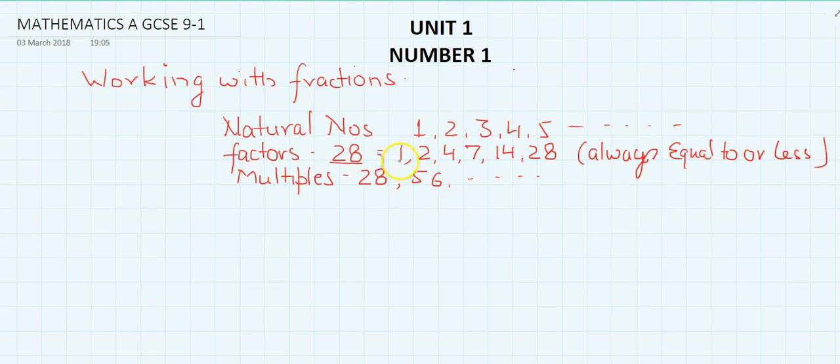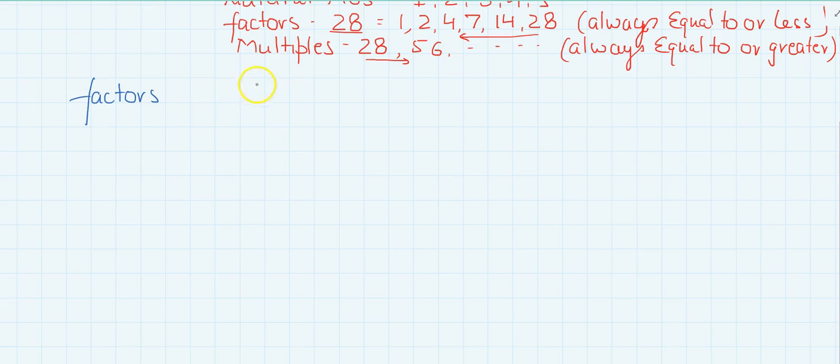So all the factors here are either equal or less than the number, and a multiple is always equal to or greater. So always remember this thing, multiples are always greater and factors are always equal to or less than a given number.